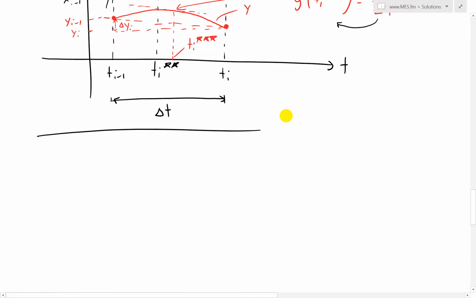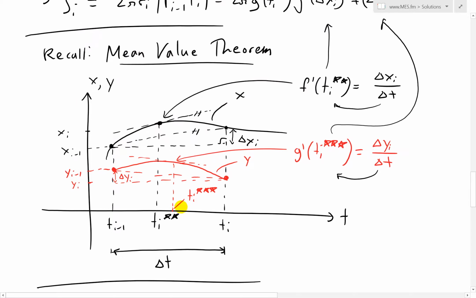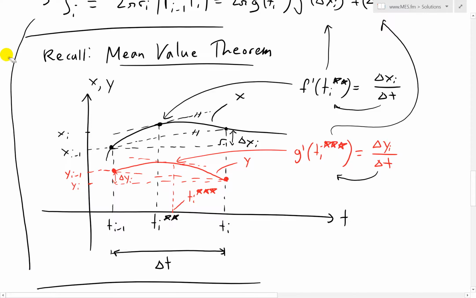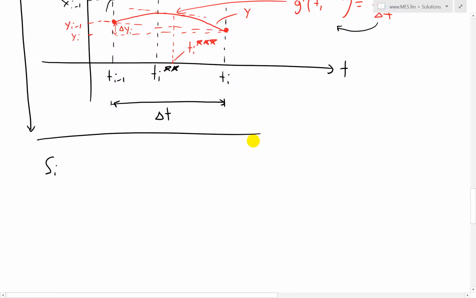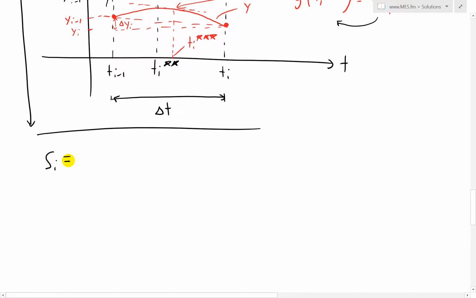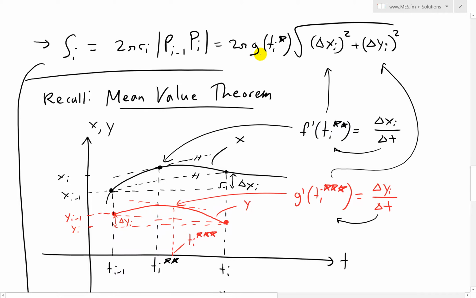So what we end up having is Si, and I'll just throw this down here with a better arrow, all the way across to here. Si is equal to 2 pi g of ti star, and then the square root, and then we plug in this f prime ti double star, and move the delta t on this side. So we end up having it like this.